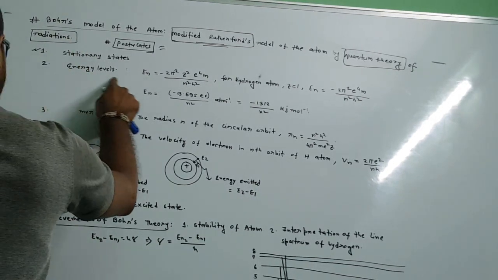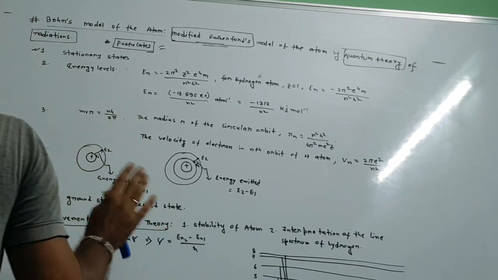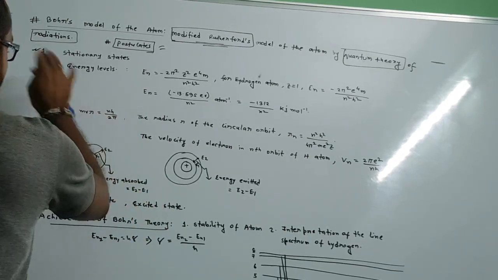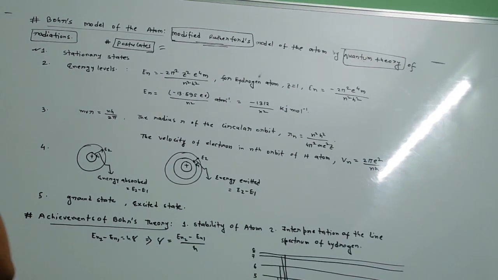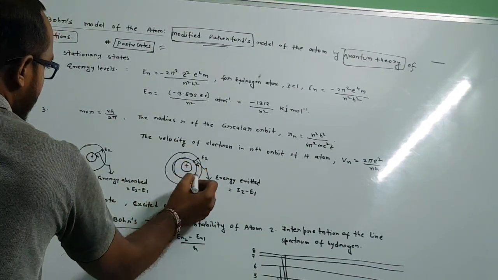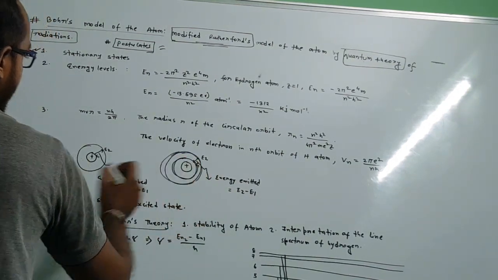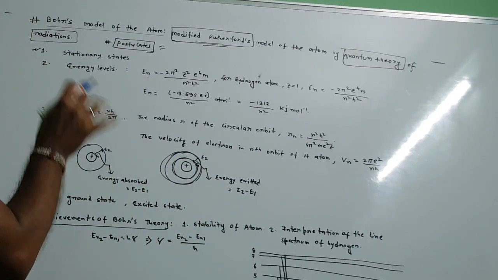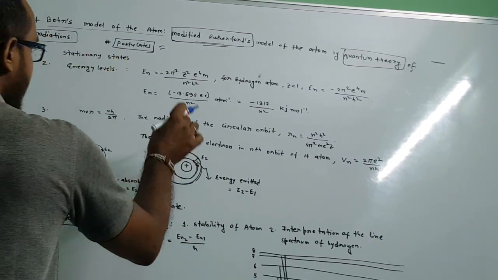Each of the fixed circular orbits has particular energy levels. See, this is an orbit, this is an orbit. Each fixed orbit has energy associated with itself.